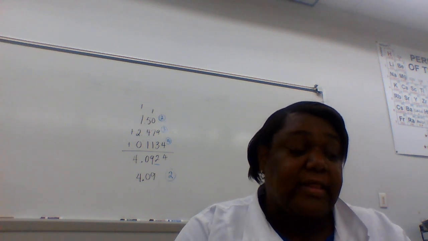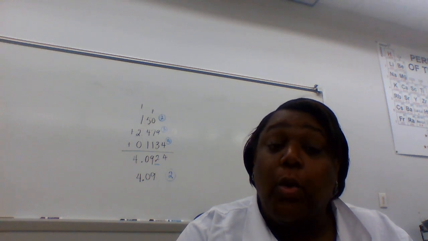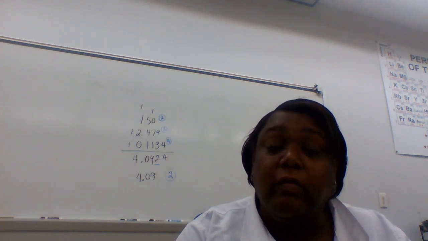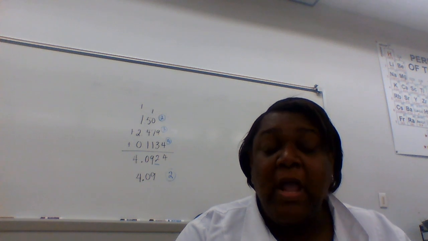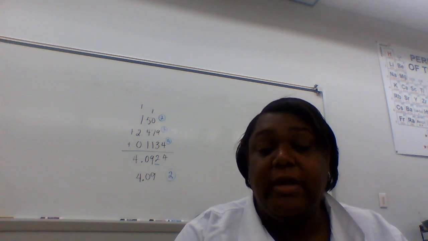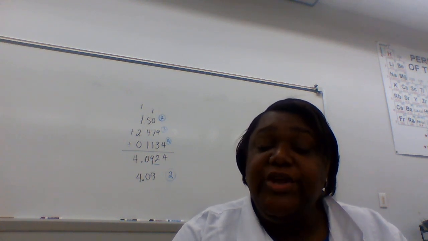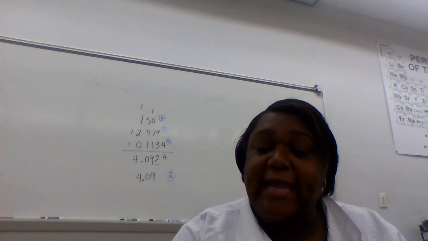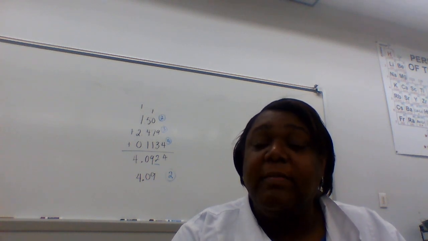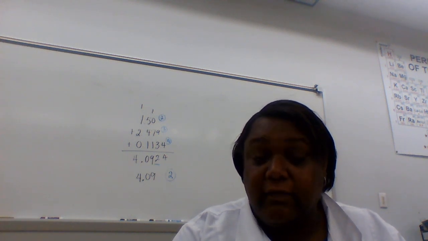All right? The next thing that your book deals with is the rules for calculations when you are multiplying or dividing. The rules for significant figures change just a little bit when you're multiplying or dividing. Those rules say that when you give your answer after multiplying and dividing, your answer must have the least number of significant figures of the numbers you used to get that answer.